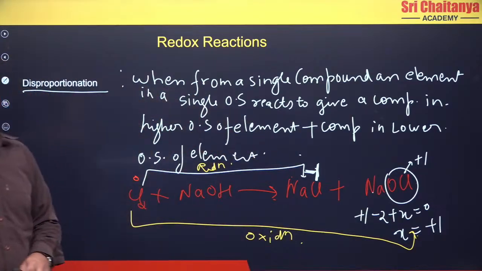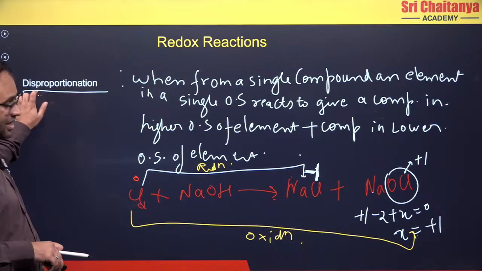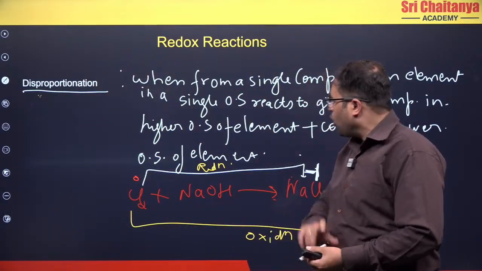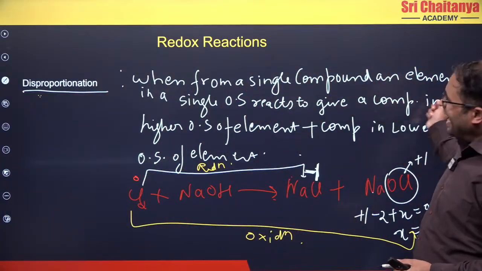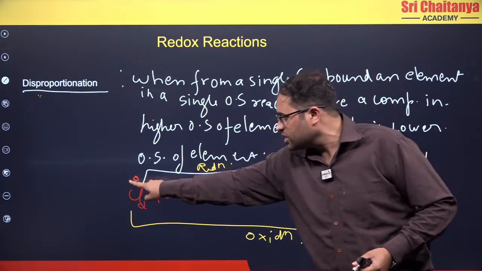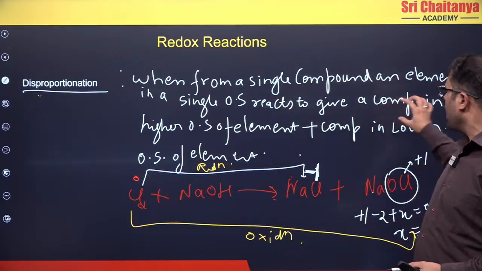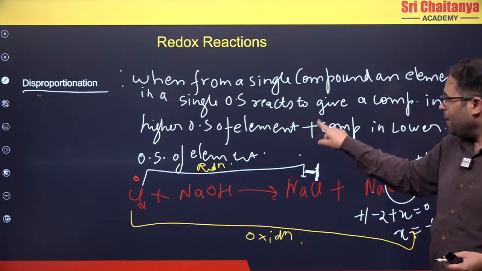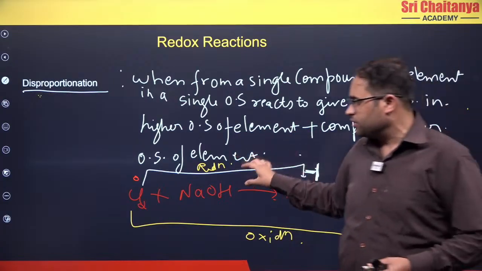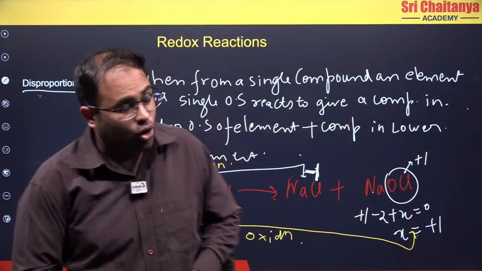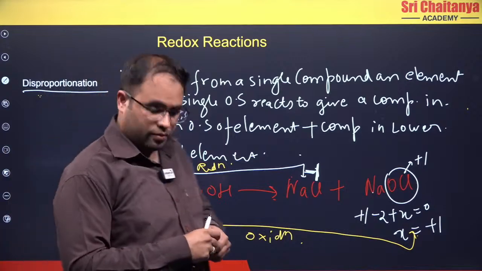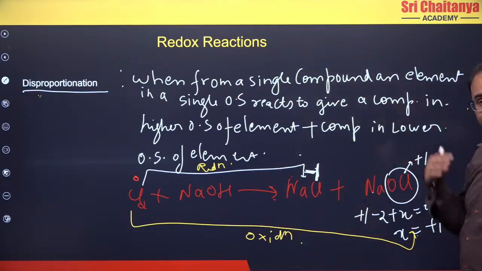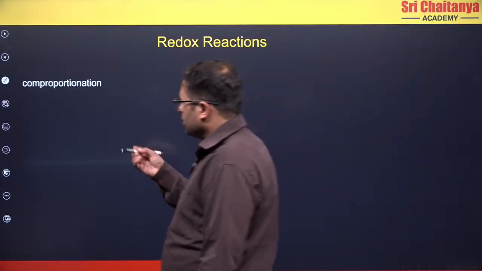When this happens, it is called disproportionation, right? From a single compound, an element in a single oxidation state reacts to give a compound in higher oxidation state of the element plus a compound in lower oxidation state of the element, then that is called disproportionation, right?